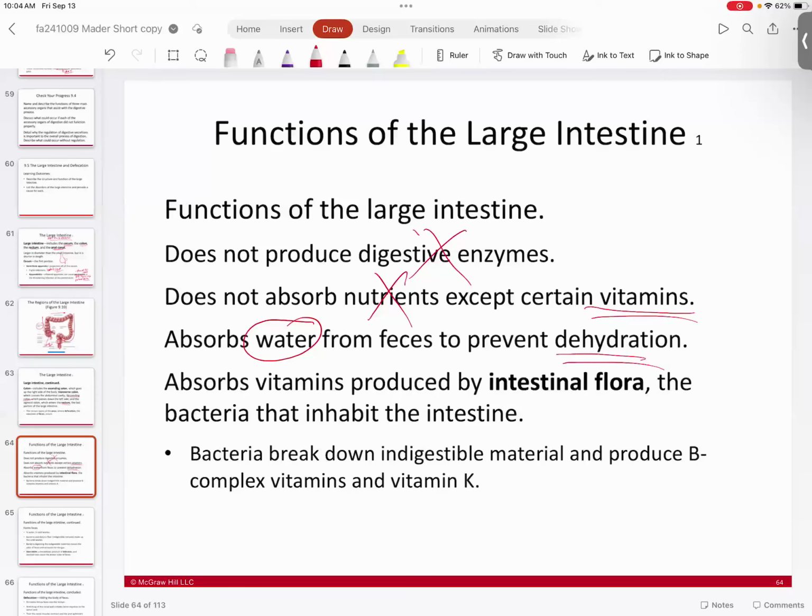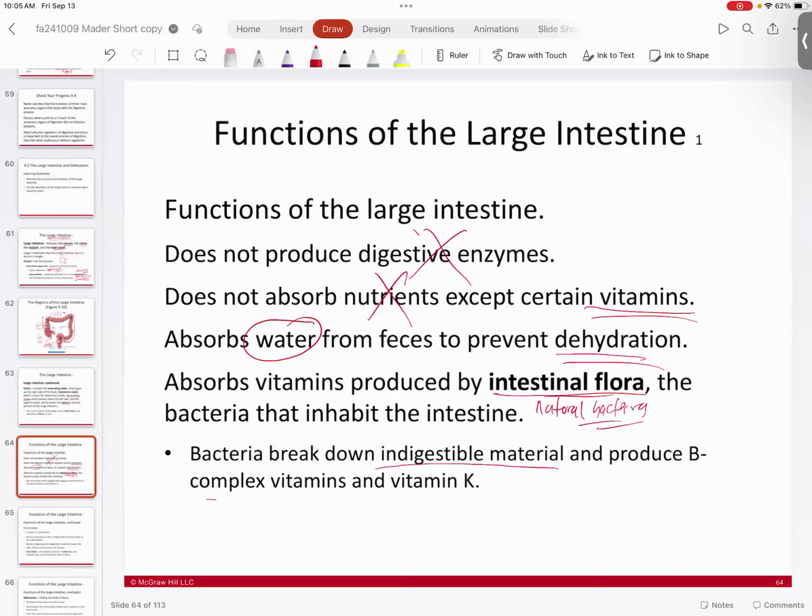It will also absorb vitamins that are being produced by your intestinal flora. Remember, those are your natural bacteria. These guys will help us out a little bit. They'll break down some indigestible material.